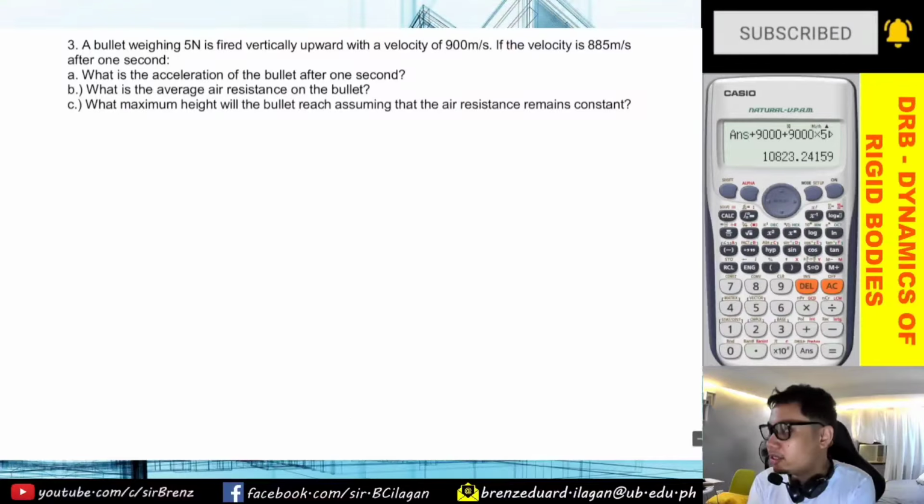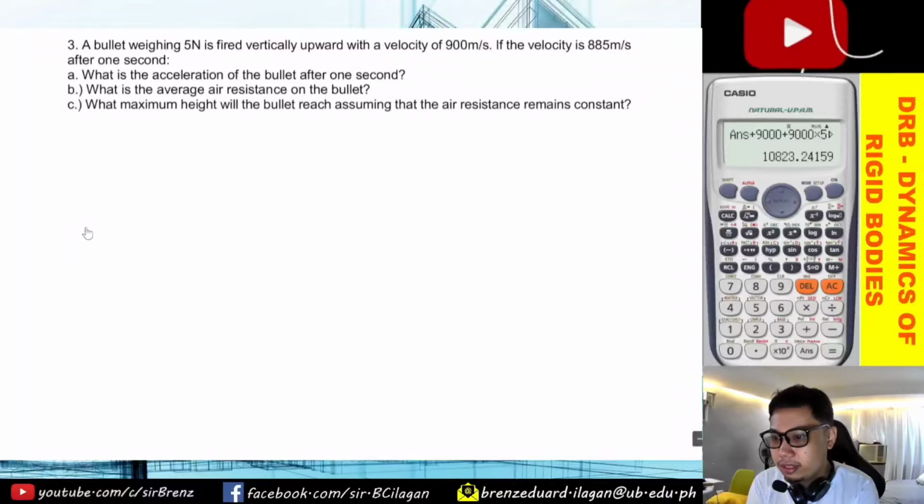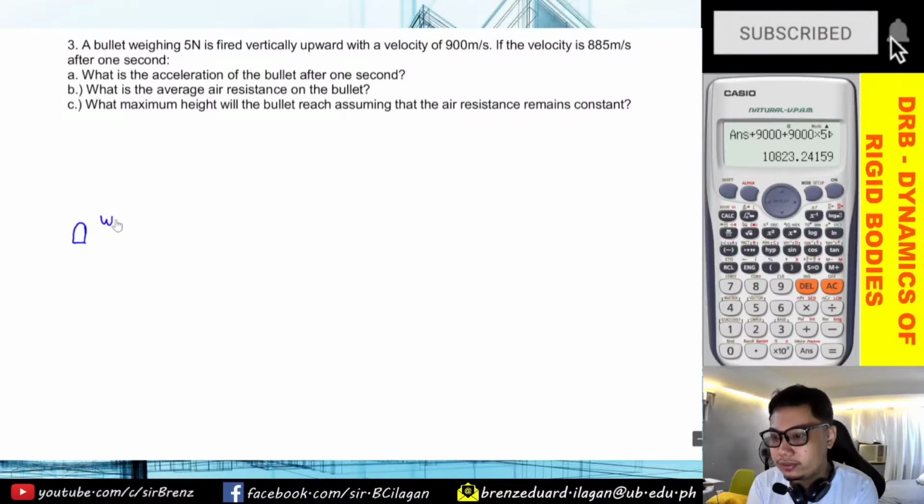Okay, so let's draw the figure first. So guys, we have here a bullet, and that bullet has a weight of 5 Newton.